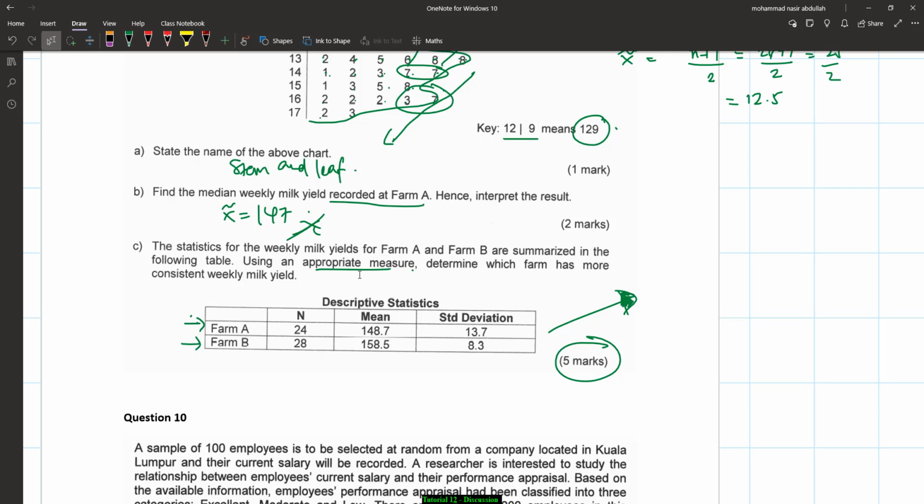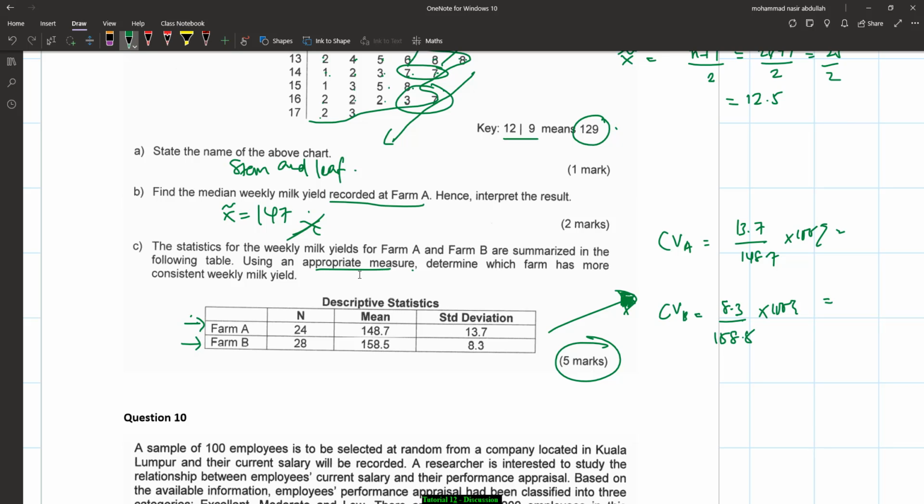So do it properly. Coefficient of variation A is 13.7 divided by 148.7 multiplied by 100%. Coefficient of variation B is 8.3 divided by 158.5 multiplied by 100%.